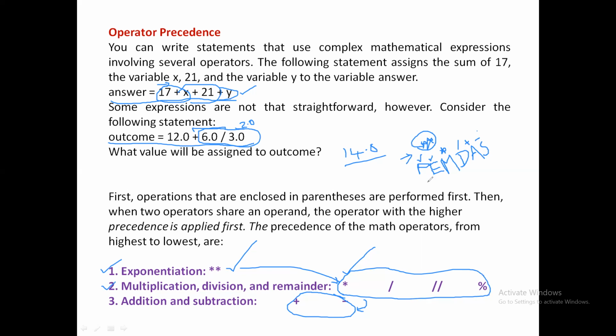So this is the decreasing order of precedence levels, from highest precedence to the lowest precedence, subtraction. So try to remember this formula, PEMDAS, to remember the order of operations that will be performed in mathematical expressions.